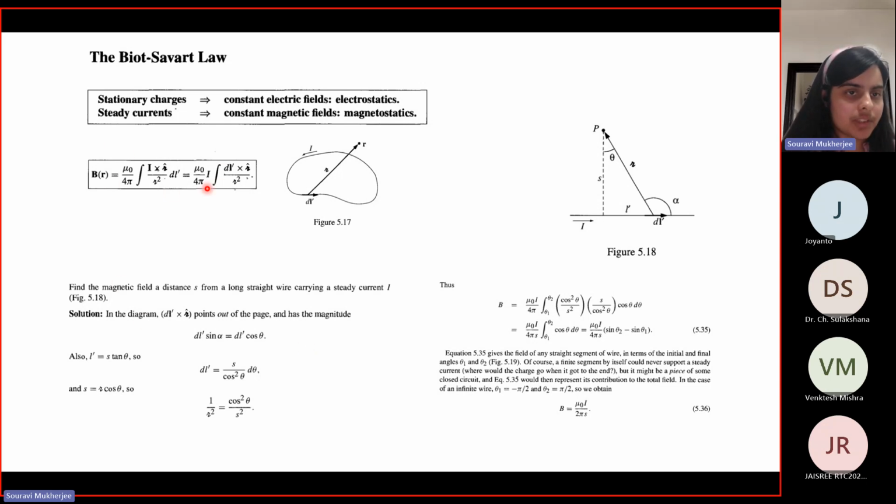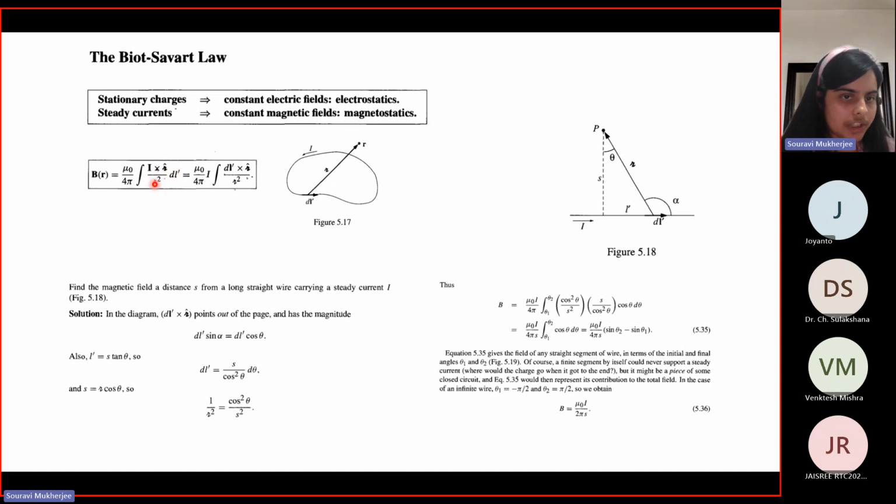This is the law which tells us how the magnetic field for a current carrying wire looks. Here I is your current, dL is a line element in the current carrying wire, and R is the distance from the field point.